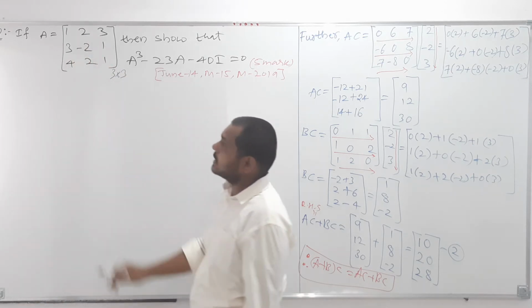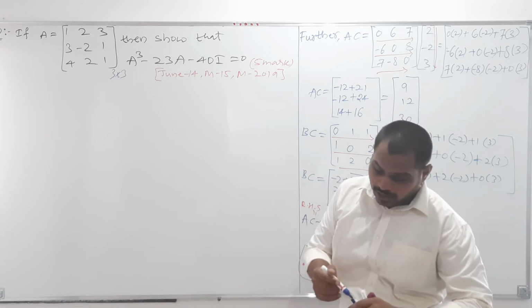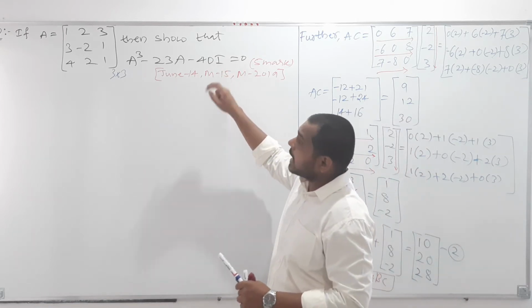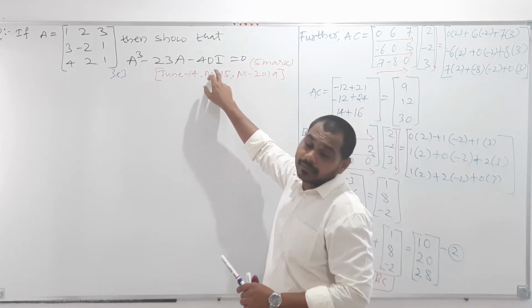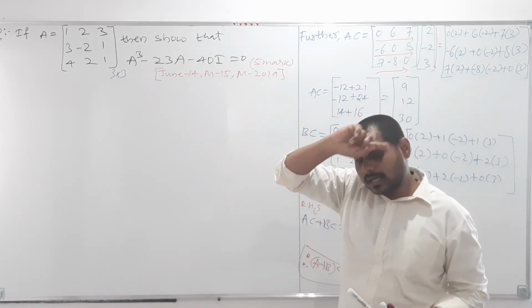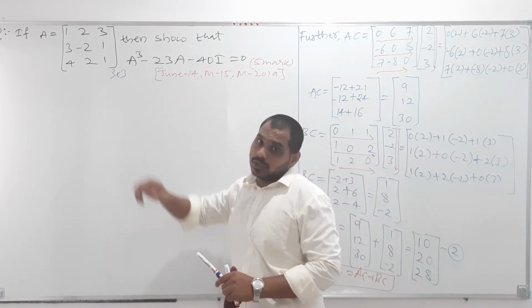So the identity matrix we take will also be of order 3 cross 3 only.